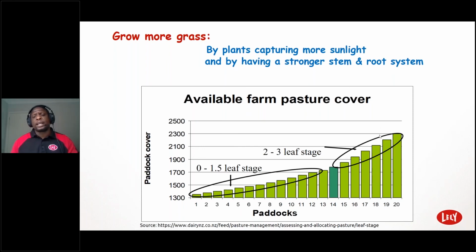Why? Because as the 4th leaf starts to appear, the 3rd leaf will die, and this dead material will reduce your pasture quality. And fast rotations, where you constantly graze these paddocks before the 2nd leaf stage of regrowth, will significantly reduce pasture growth and yield.